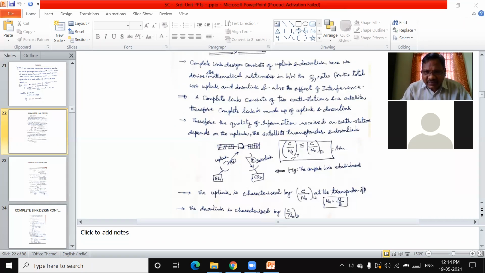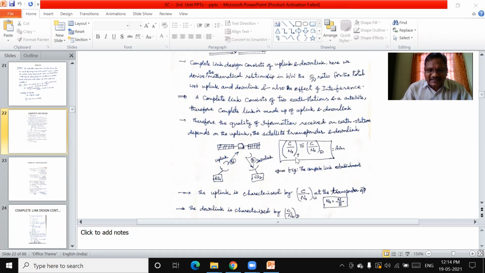What is that? C by N naught T is approximately equal to C by N naught D, which is nothing but carrier to noise power spectral density of total, in the sense uplink and downlink. Carrier to noise power spectral densities are involved here.